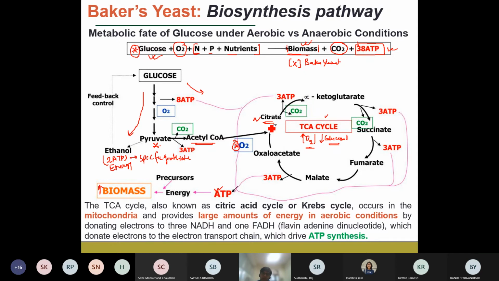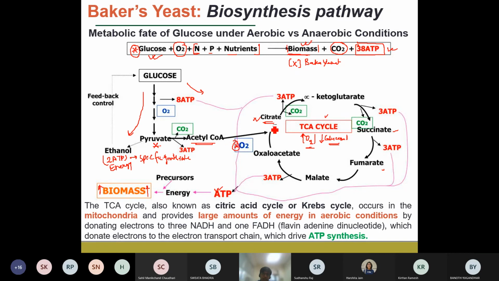Some biochemicals like citric acid, succinic acid, fumaric acid, or malic acid are also produced using this TCA cycle. We will not go into those in detail, but our main objective is to understand how we can increase the biomass concentration in the case of Baker's yeast.